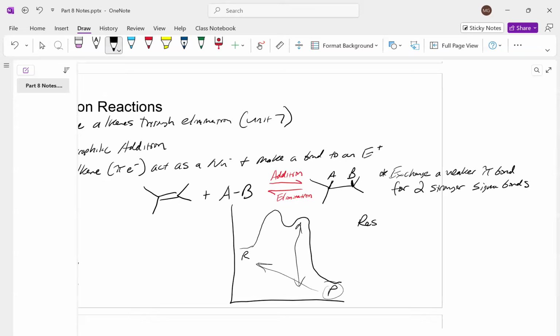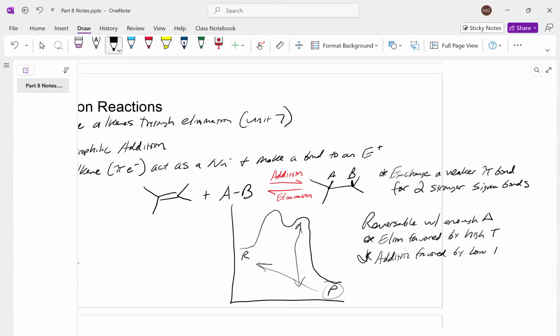These reactions are reversible with enough heat. And what that means is the elimination direction, or going back to the reactants, is favored by high temperatures, and the addition is favored by low temperatures.